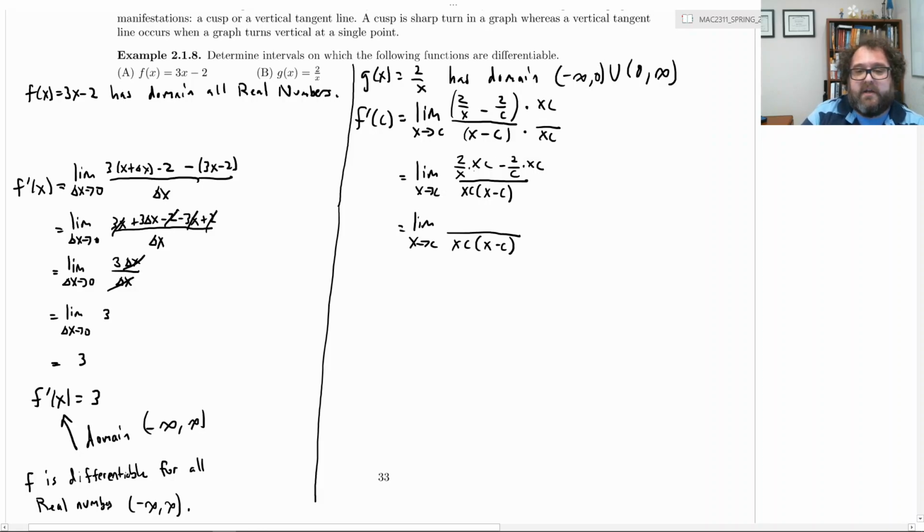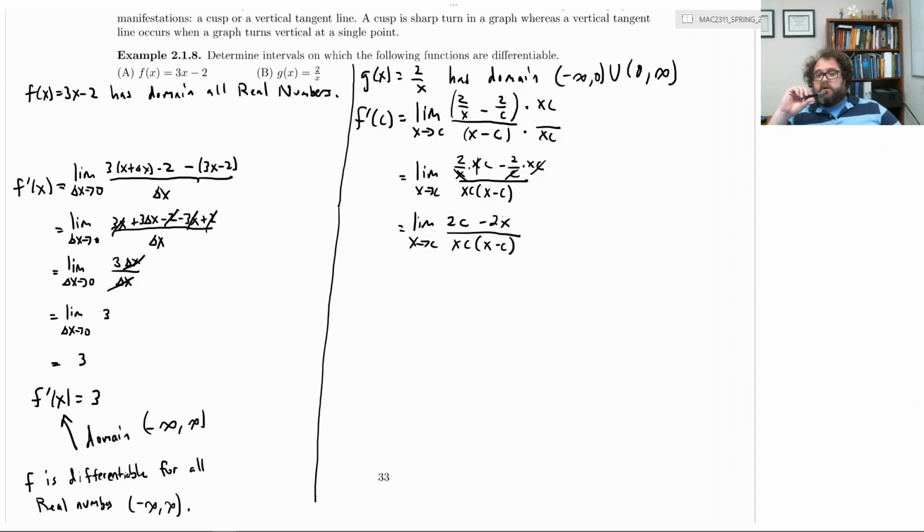Now on the numerator, watch what happens. X cancels out with x, so I have 2c left over. On the numerator, c cancels out with c, so minus 2x.